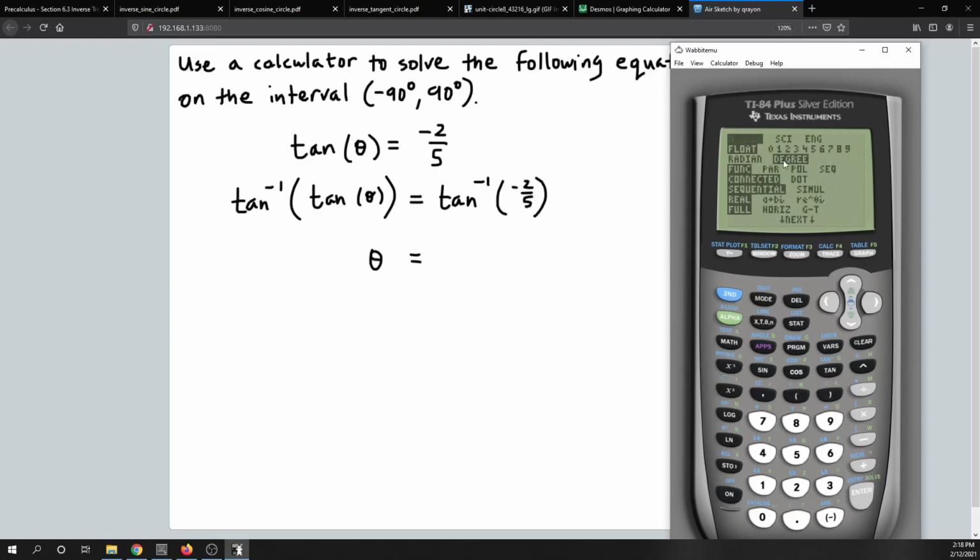All right, so checking we're in degree mode, so that's good. Nothing to change, and I want to do the inverse tangent of negative 2/5.